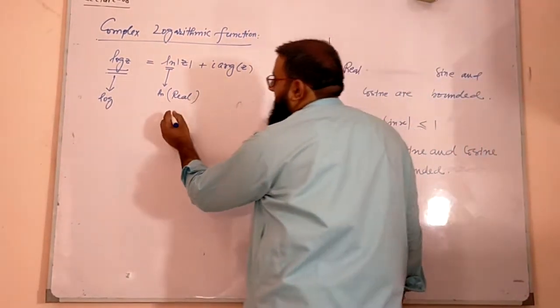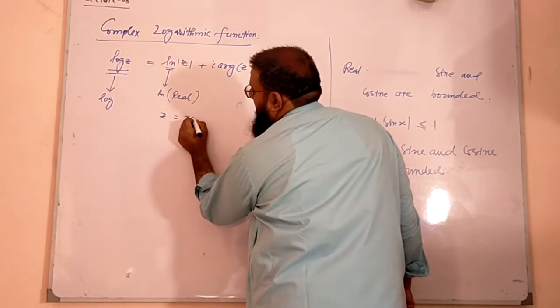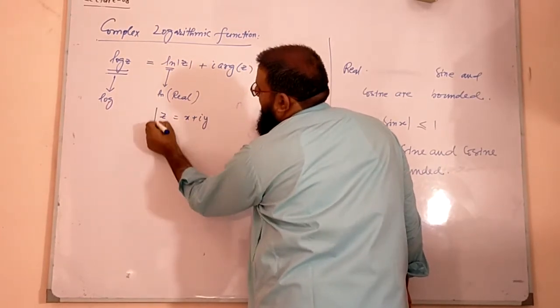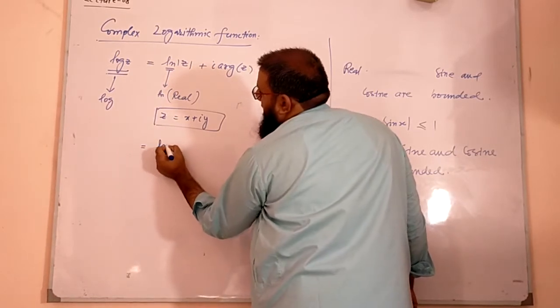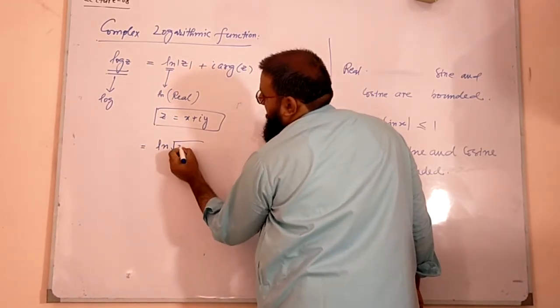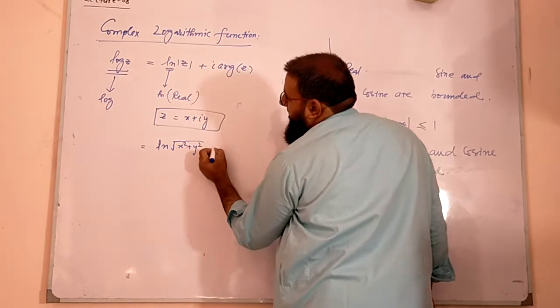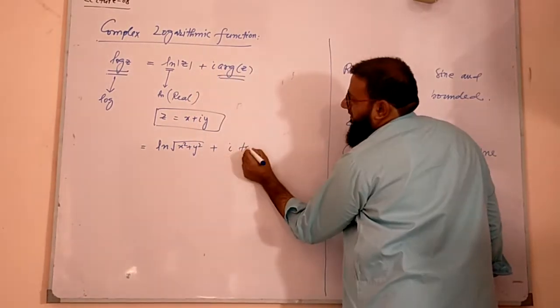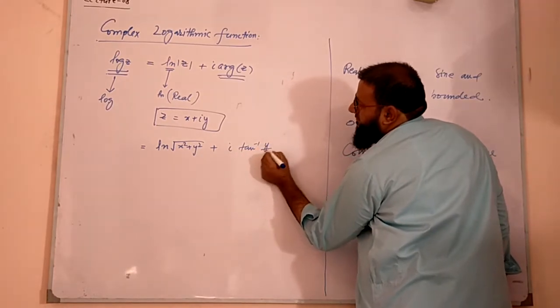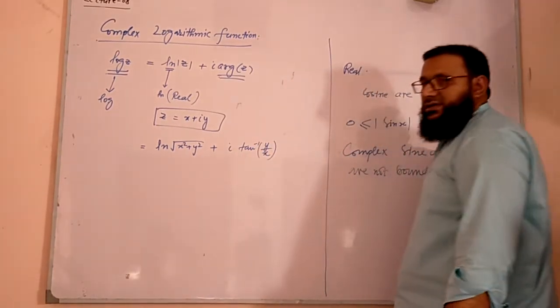So that's the problem with this one. If I want to write this explicitly, if my number is z, which is x plus iy, then log z is log of the modulus of z, which is square root of x squared plus y squared, plus i times the argument, which is tan inverse y by x.